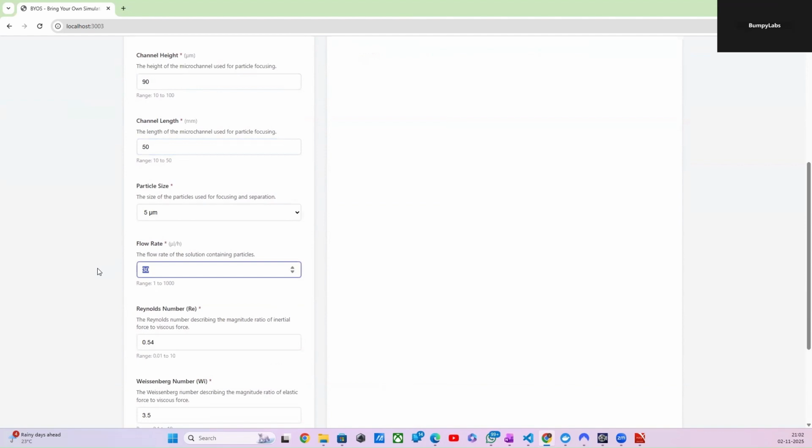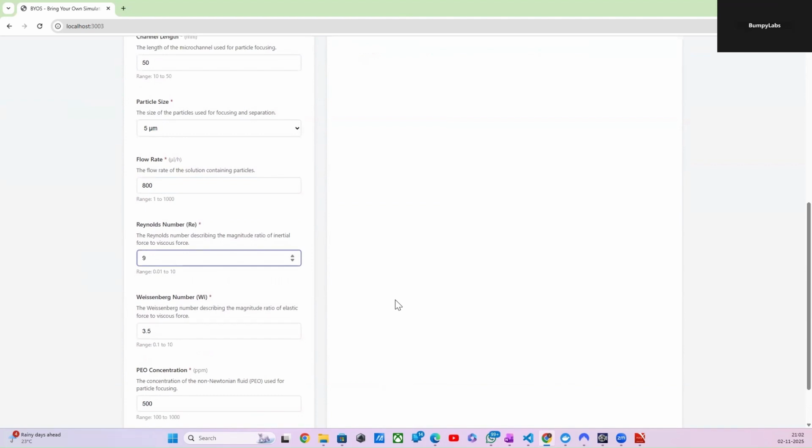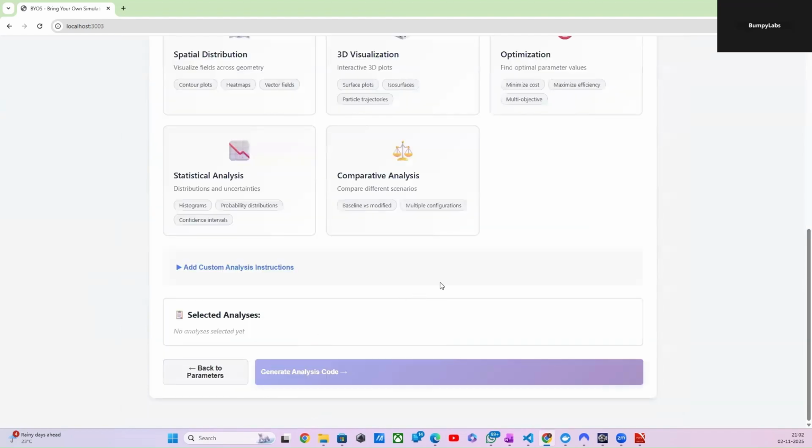Let's give it a good flow rate, around 800 microliters per hour. The Reynolds number is typically low for this kind of study, so let's keep it around 9. And the Weissenberg number is high, so let's keep it around 3. And the PEO concentration: this was based on a non-Newtonian fluid, PEO, which was the binding force for the particle focusing, right? So we'll configure our analysis based on that.